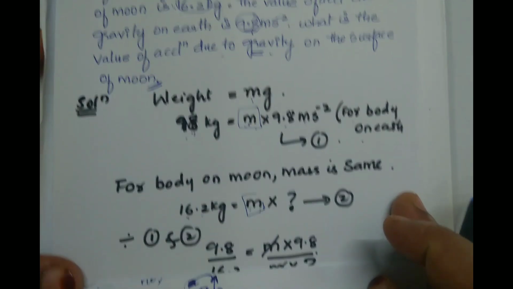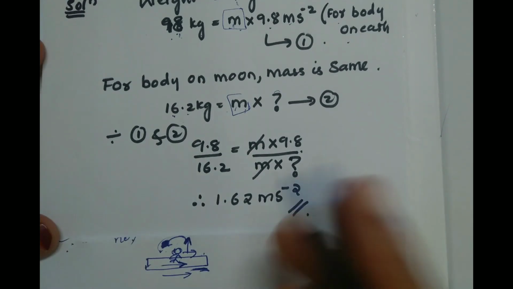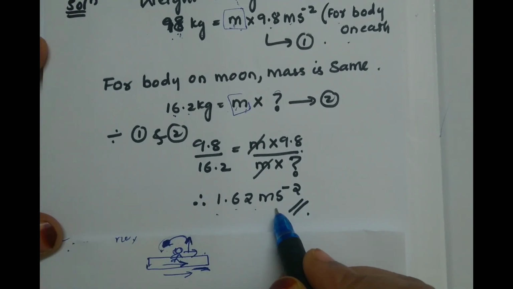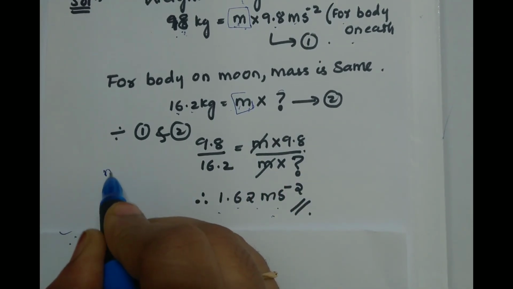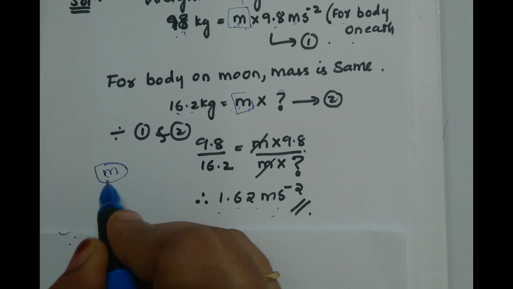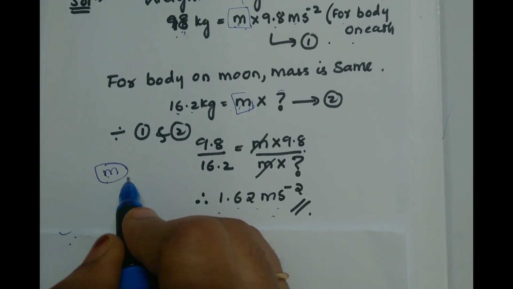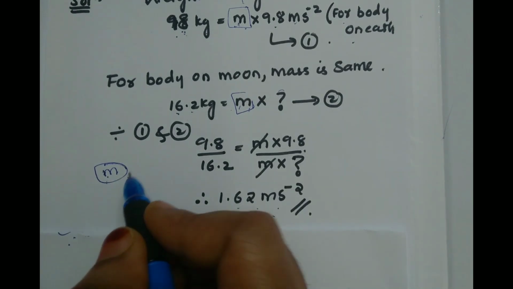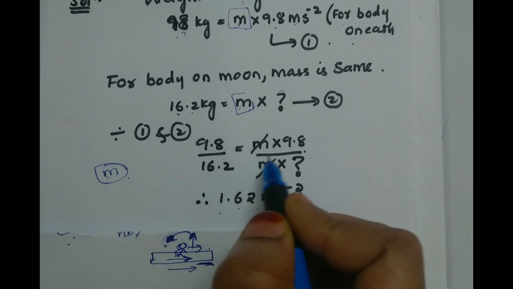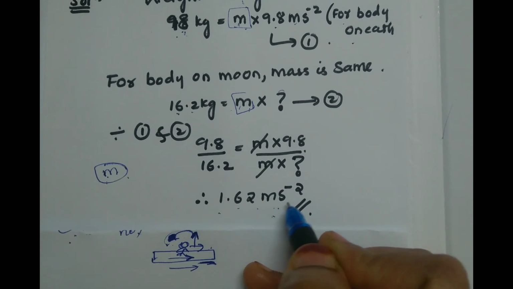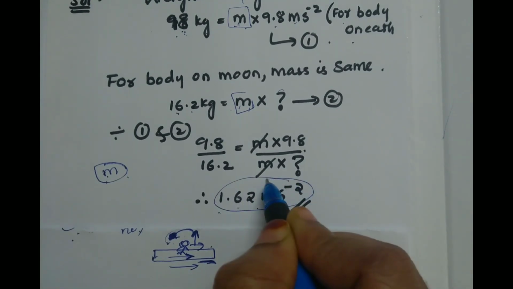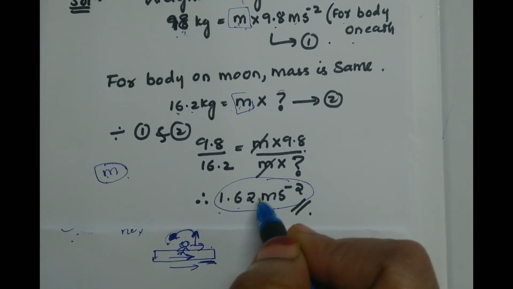If you divide the two equations, you will get 1.62 meter per second square. So this is your answer. First thing you need to note is that mass is the same anywhere, whether on earth or on the moon. If you take the ratio, the mass will get cancelled. You will get your answer to be 1.62 meter per second square. This is the acceleration due to gravity on the surface of the moon.